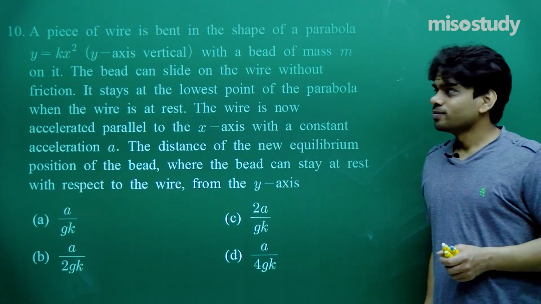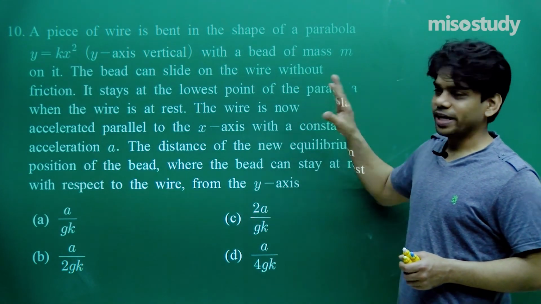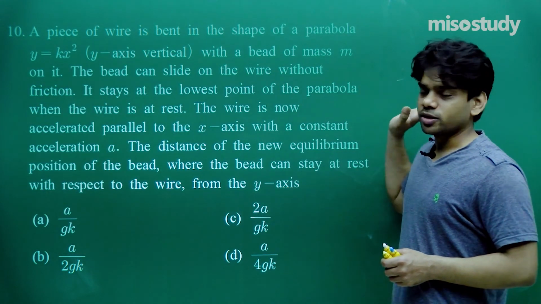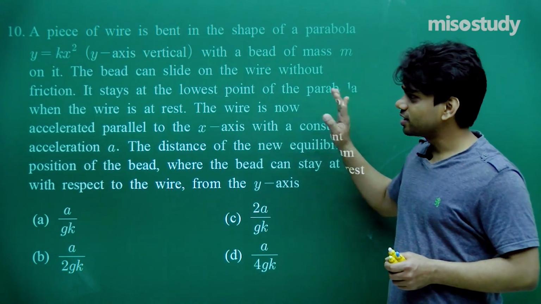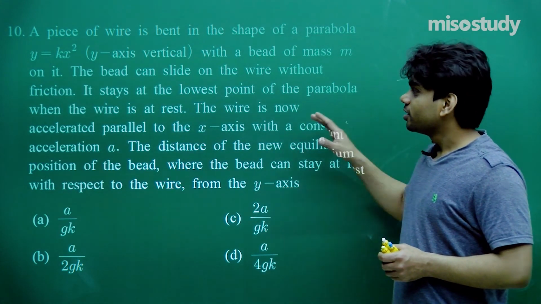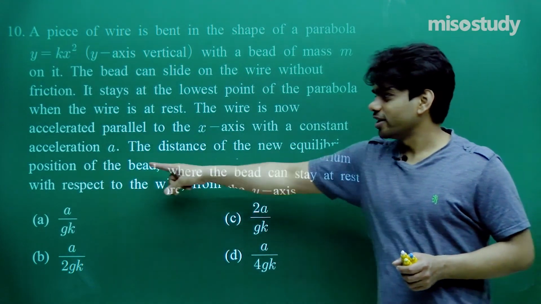10th question. A piece of wire is bent in the shape of a parabola, y equals kx square, y-axis vertical, with a bead of mass m on it. The bead can slide on the wire without friction. It stays at the lowest point of the parabola when the wire is at rest. The wire is now accelerated parallel to the x-axis with a constant acceleration a.